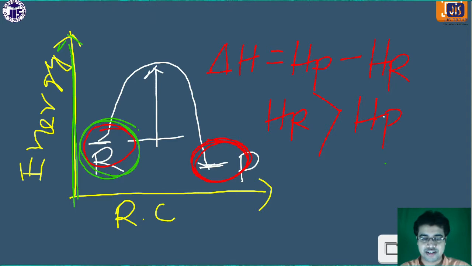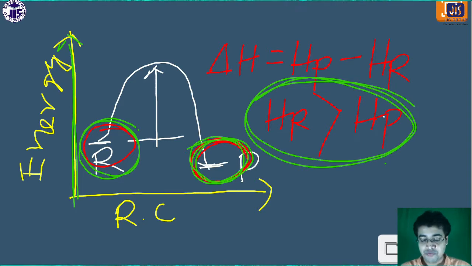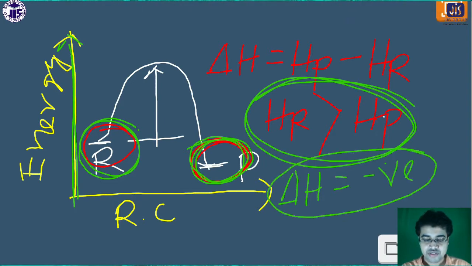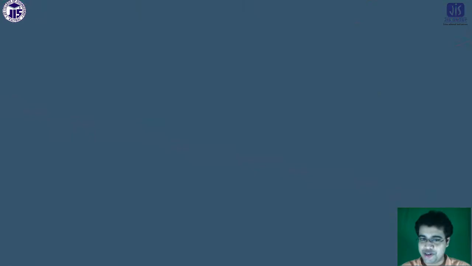So delta H is a negative value, and this is the graph for the exothermic reaction. Where the question gives delta H as a negative value, you have to take it as an exothermic reaction. Keep in mind that for an exothermic reaction the delta H value will be negative.